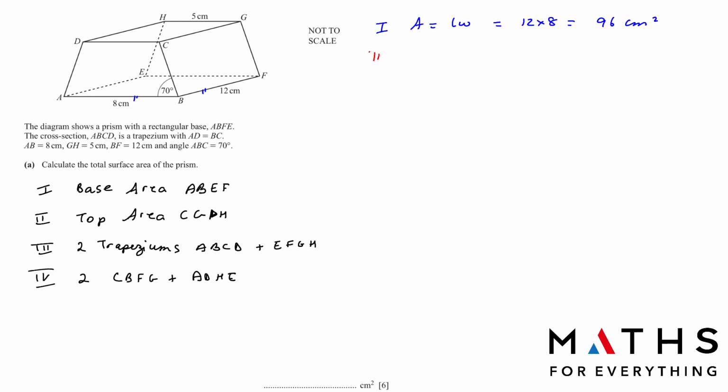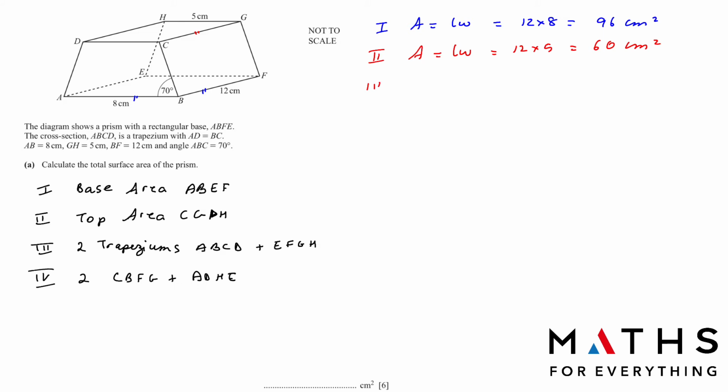The second area is the top area. That is also length times width. It's a rectangle. The length is 12, as CG is equal to BF because they are part of a rectangle. Opposite sides are equal. So 12 times 5 is 60 square centimeters.